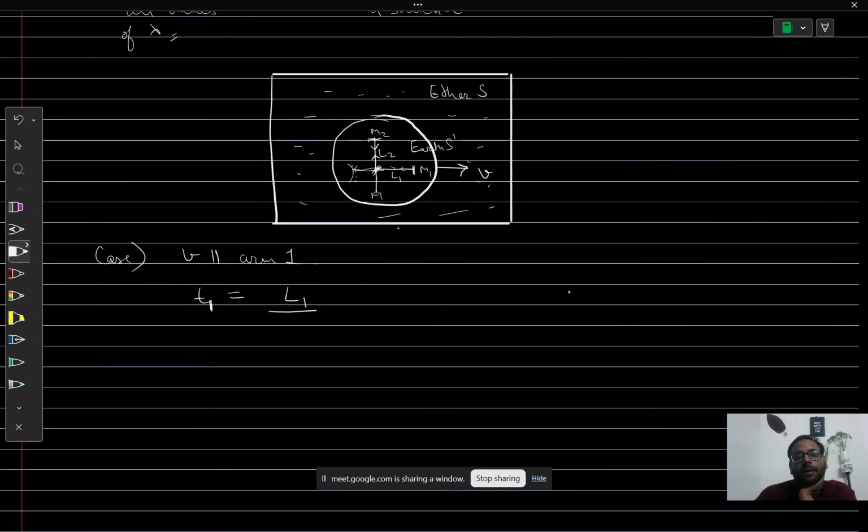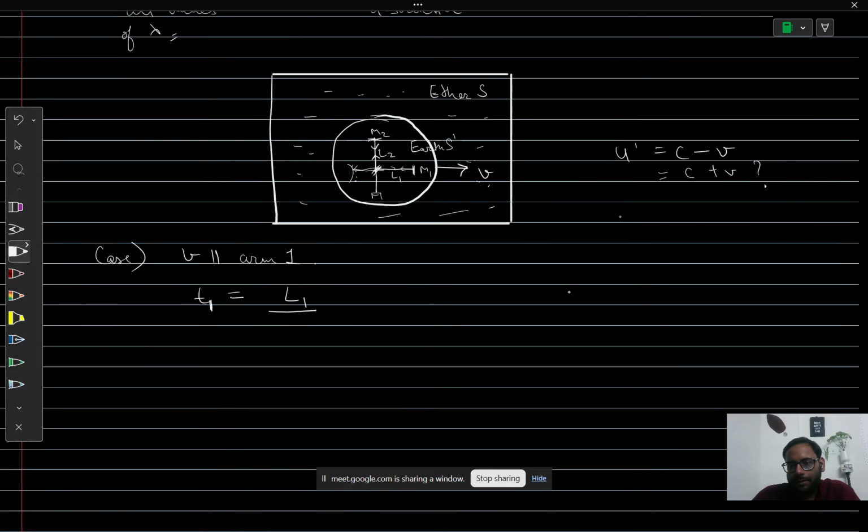So what should be the time taken by the light in this Earth frame? What will happen in this frame?